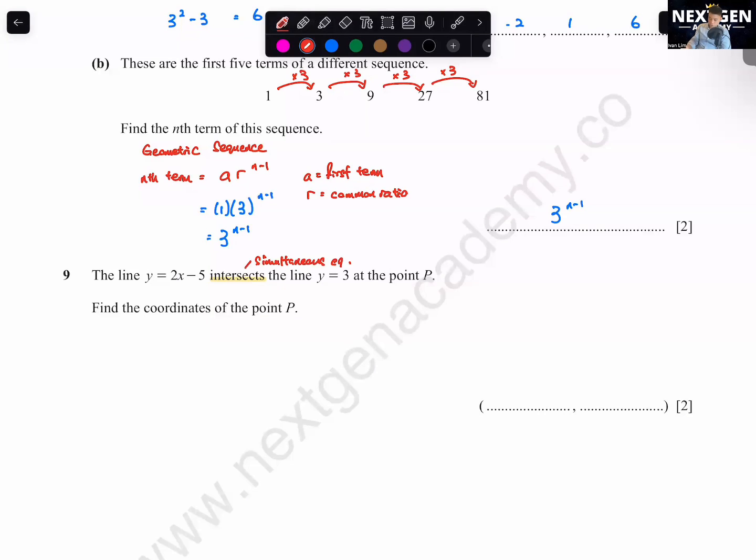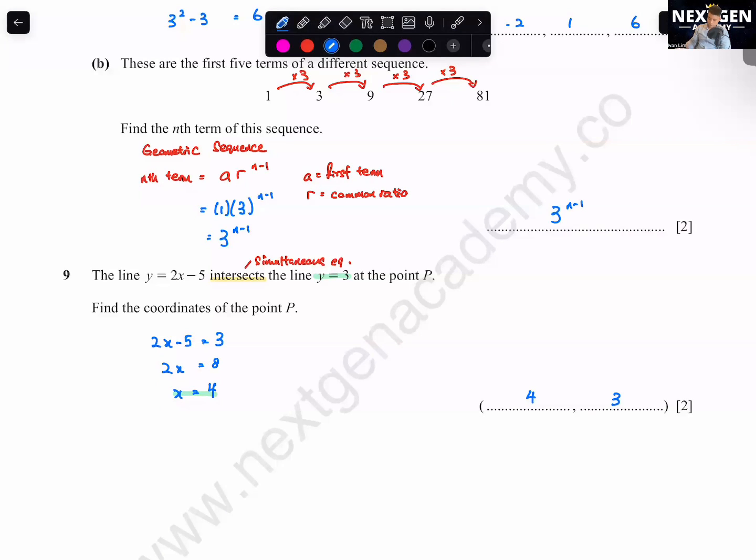So I'm going to substitute this into here. The equation will be 2x minus 5 equals 3, 2x equals 8, x equals 4. Okay, so my x is 4 and my y is 3. 4, 3. That's all we need to do.